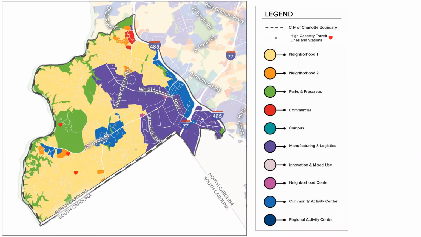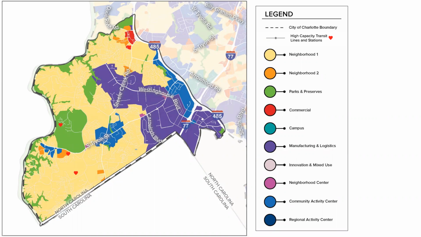But the neighborhood 1 place type includes a wide variety of housing types, including townhouses. So under the 2040 plan, if this area is identified as neighborhood 1 and the neighborhood 1 place type includes townhouses, I believe it's N1D zoning, they can come back and say, well, this is consistent with the place type, and so you should approve and let us build townhouses here.